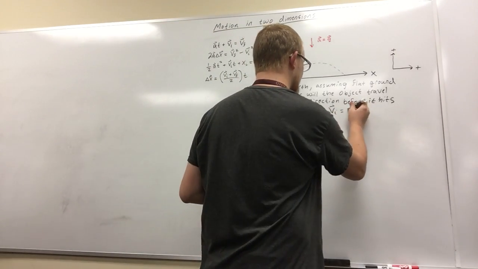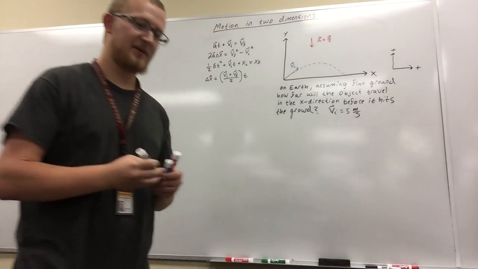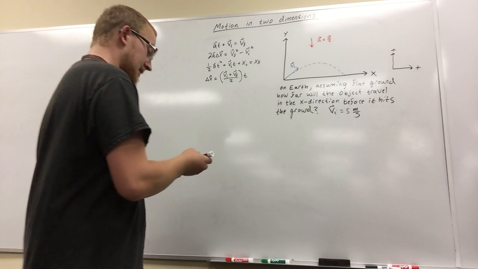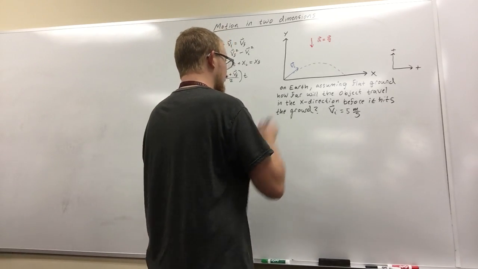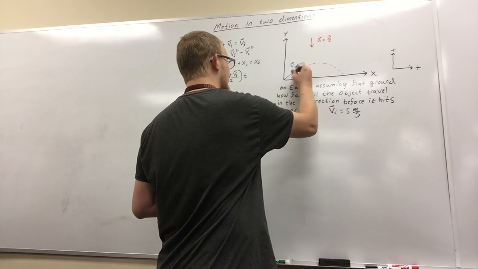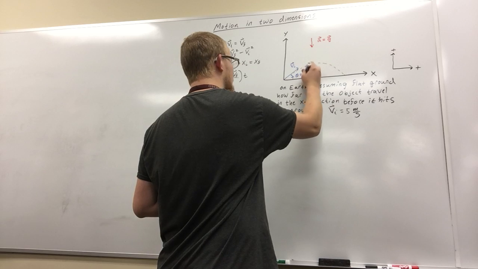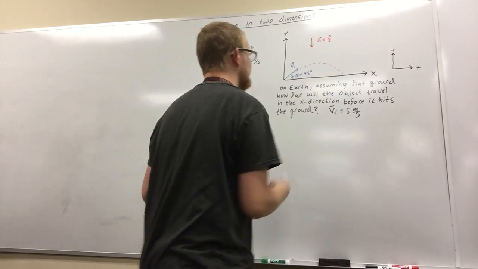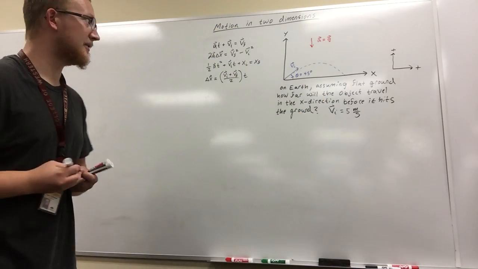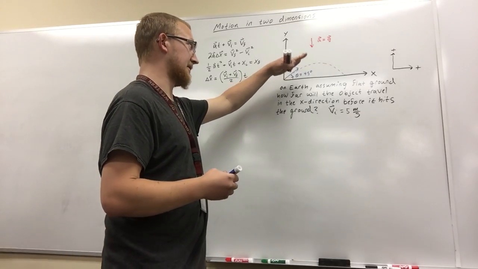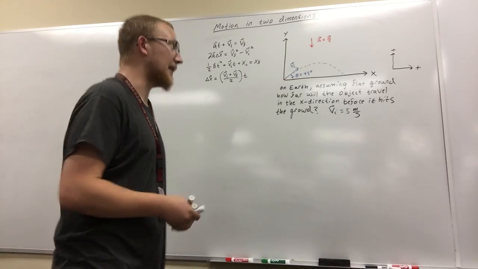Not 4 meters per second. Alright, so 5 meters per second is the initial velocity, and this angle right here is 45 degrees. You could call that the altitude angle, because altitude is pointing further up into the sky.